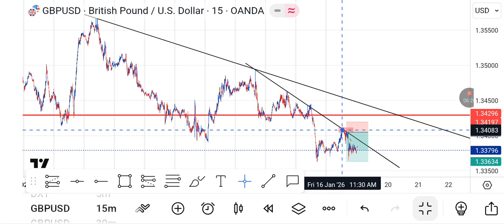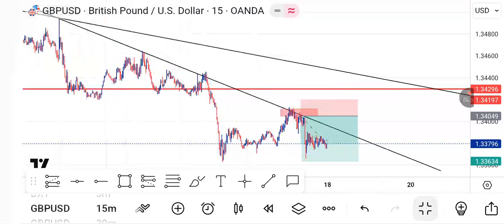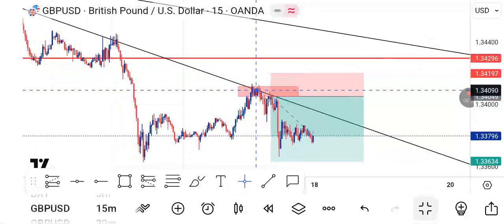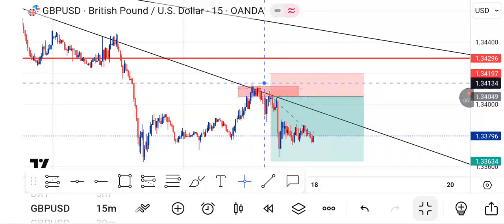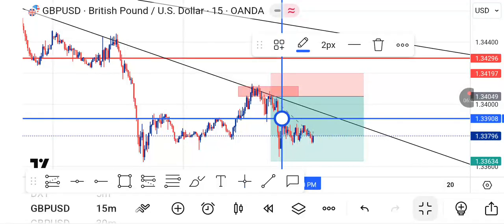So when it came here, what happened? The thing sold. You can see it. The thing sold out to, let me see how many pips that it went.